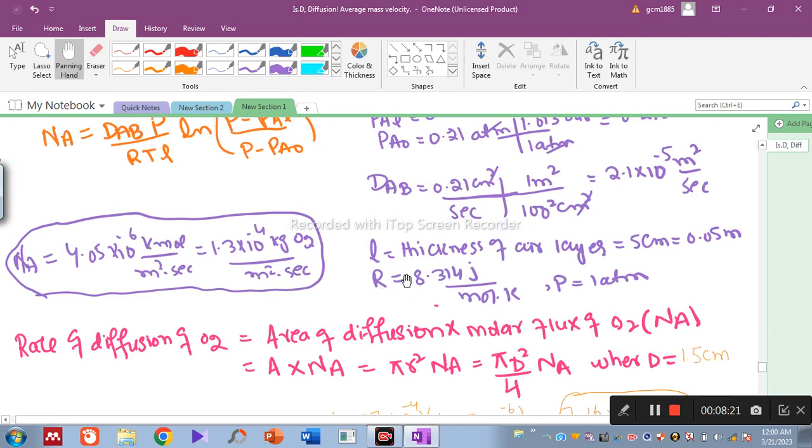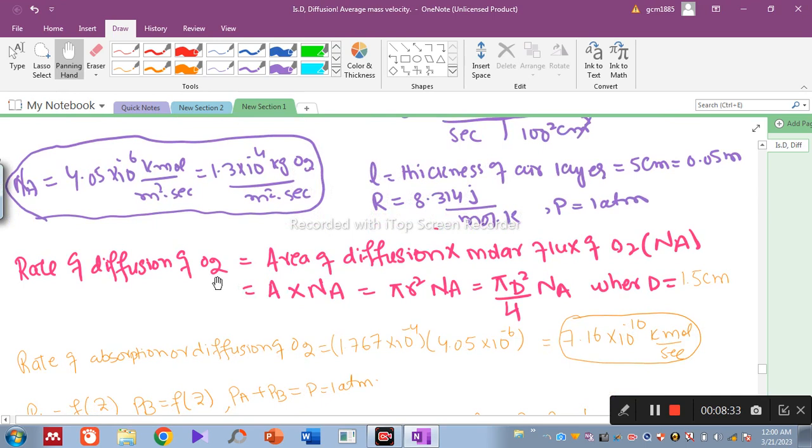This is the air layer or nitrogen layer, which is 5 centimeter. This is the universal gas constant and 1 atm. Now the rate of absorption or diffusion of oxygen is nothing but the area through which the oxygen is diffusing in the nitrogen multiplied by the molar flux of oxygen, which we have already obtained.